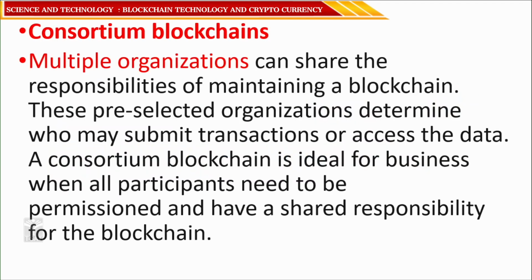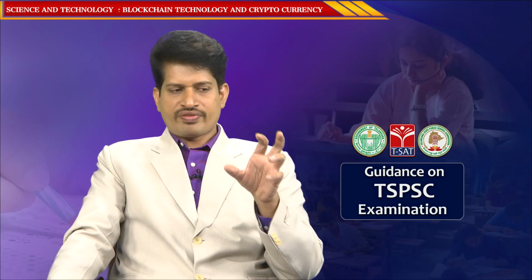Consortium blockchain, which I have discussed with you: multiple organizations together maintain a single cloud, leading to the formation of consortium blockchains. Different clouds are linked together for the exchange of data, transferring money from one bank account to another bank account. The clouds of different banks need to be connected. So, that is what blockchain technology is.